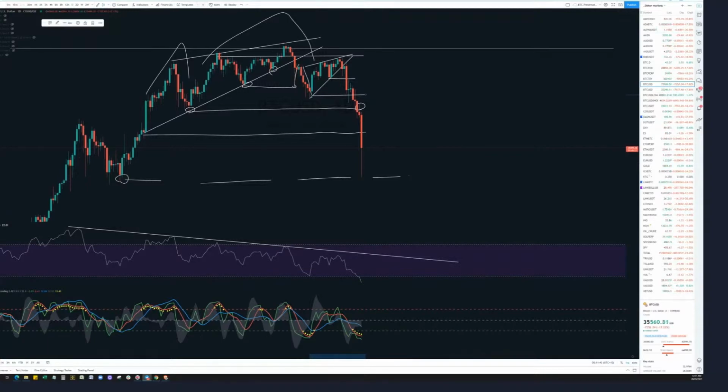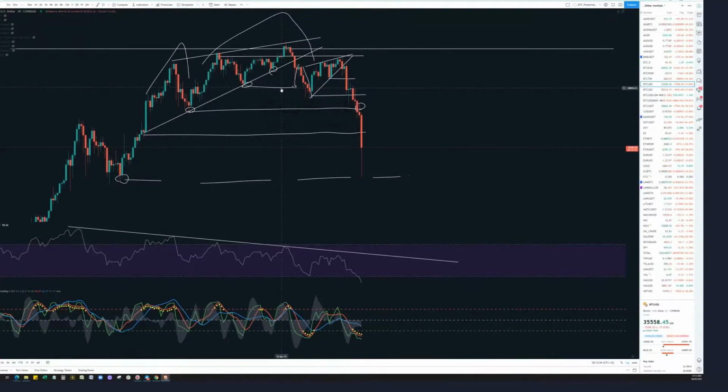A few people telling me some figures and news. Liquidation is okay. Liquidated longs 9.4 million at 32,000. So there's a lot of shorts being liquidated, and you've got to be careful how you take these trades. But hopefully that explains a fair bit.